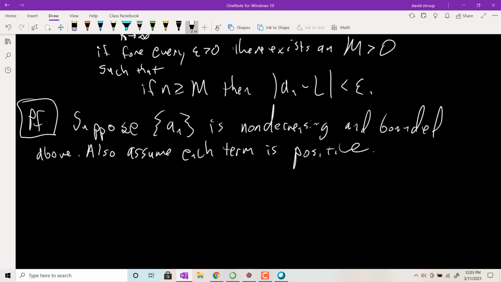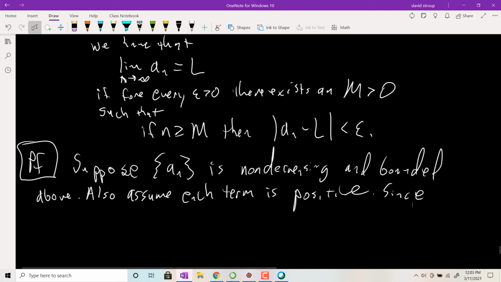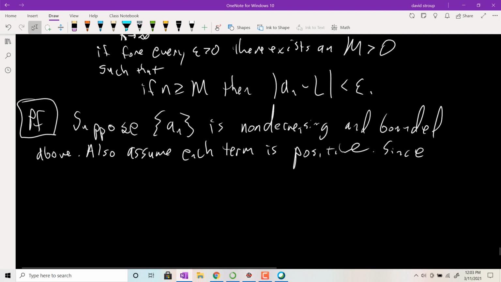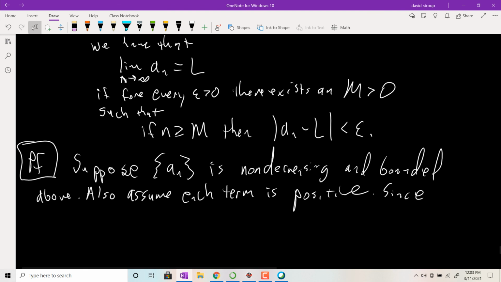Okay. So since the sequence is bounded, there must exist some upper bound, right? And we'll call that letter M. Let me make sure my variables sync with my definition above.